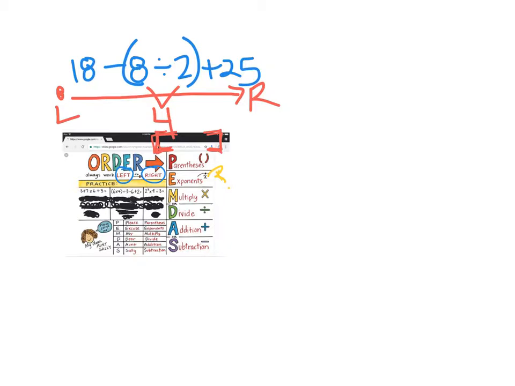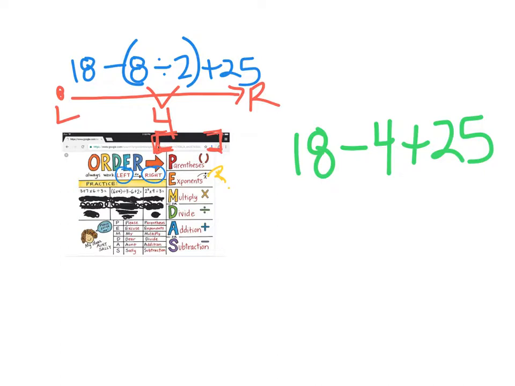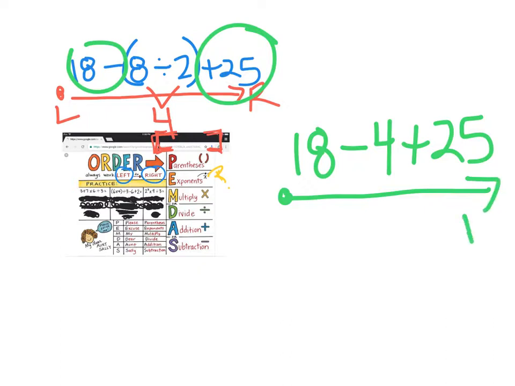So now it should look like 18 minus 4 plus 25. Right, because all I did was bring this down, and now there is no more multiplication. I start at the left, I go to the right. I'm looking for any multiplication or division. I have none. So next is addition or subtraction, whatever comes first.